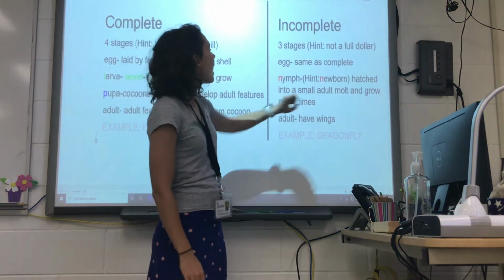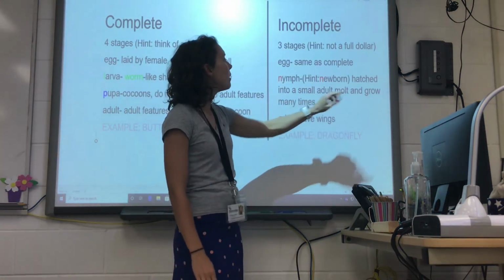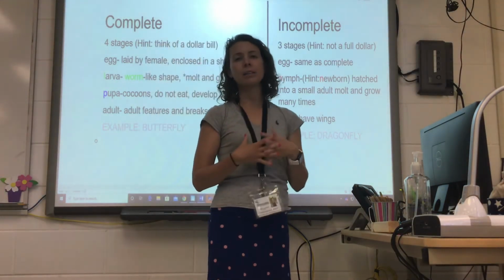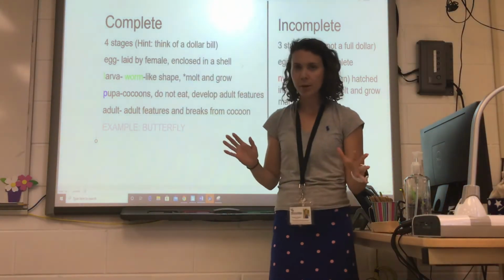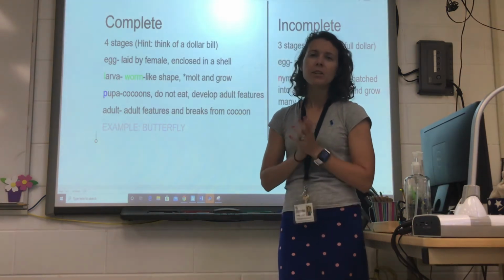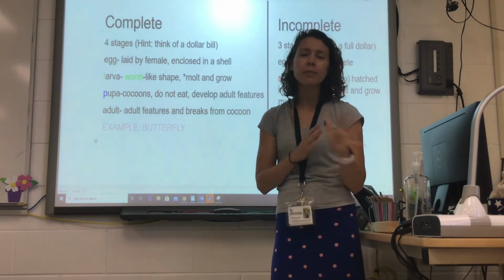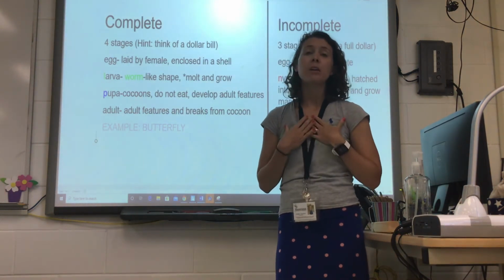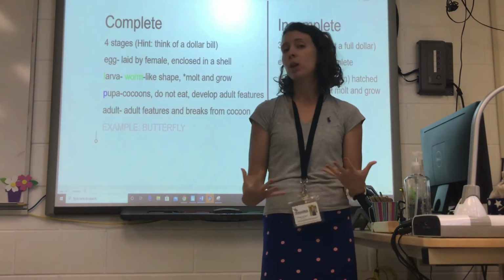So our nymph is hatched into a small adult, and then it molts and grows many times. If you don't know the word molt, I like to think about a snake. I'm sure most of us are familiar with snakes, how they grow and then they shed their skin. The way that I talk to Brantley about this when we've seen snake skin on walks is that it's just like when we grow and we need to go buy more clothes, right?